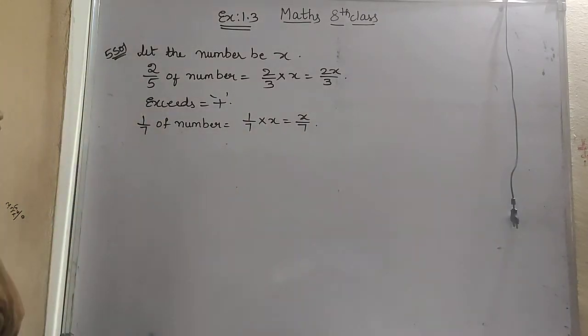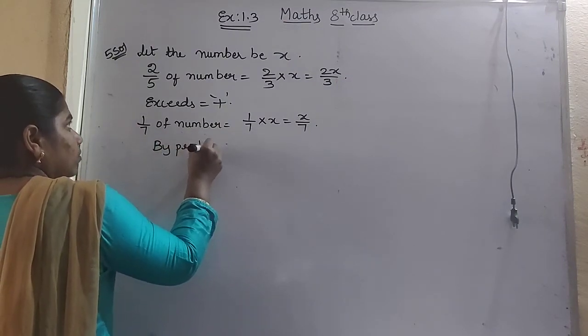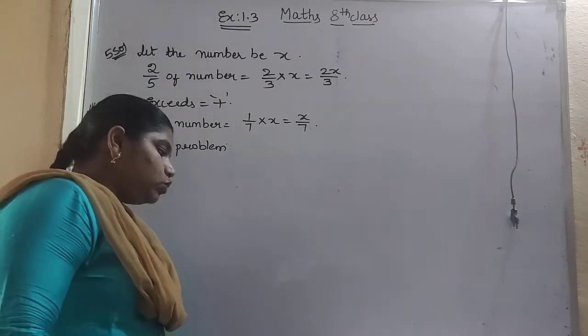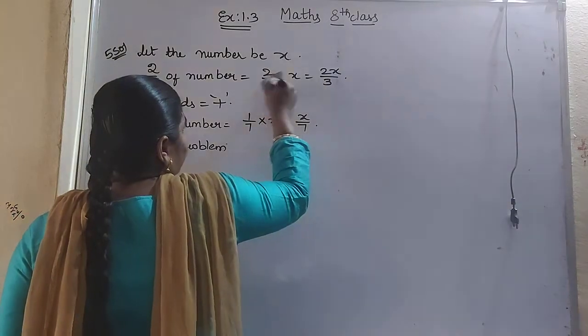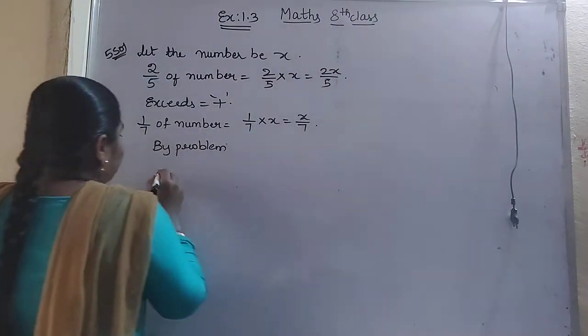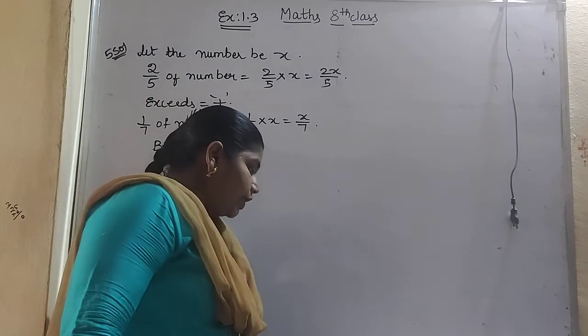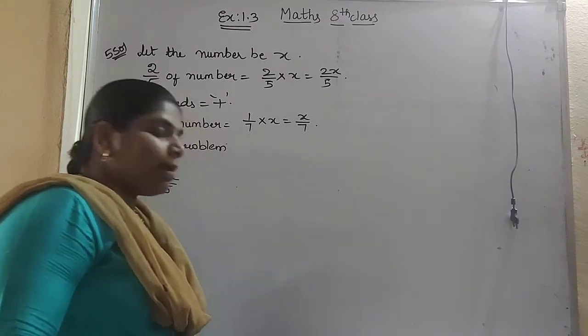So by problem what we can write? 2 by 5 of a number, that is 2x by 5, exceeds 1 by 7 of a number by 36.